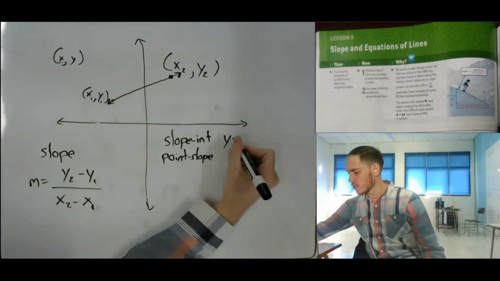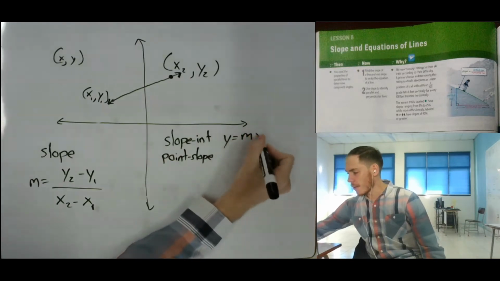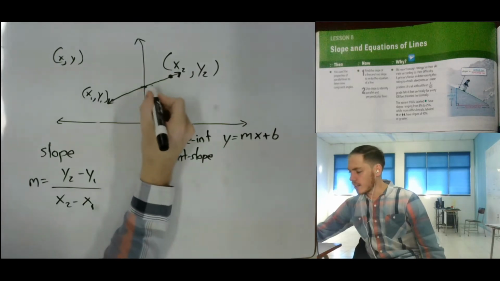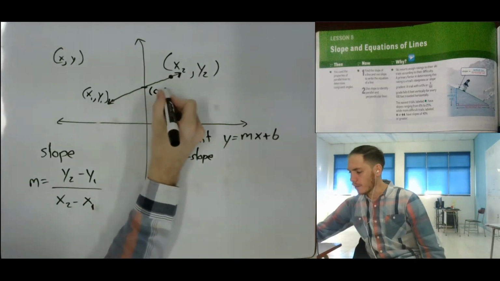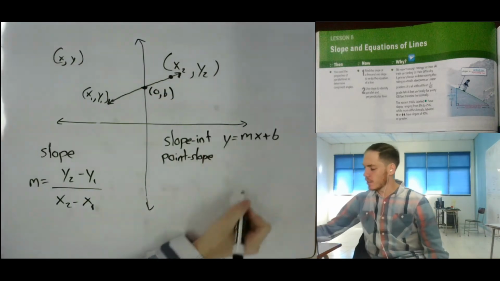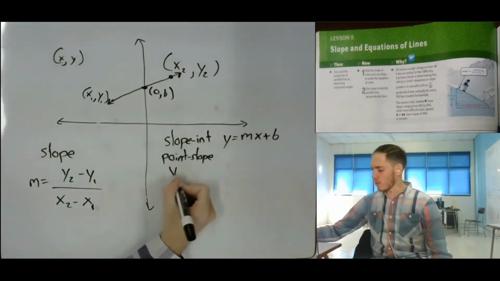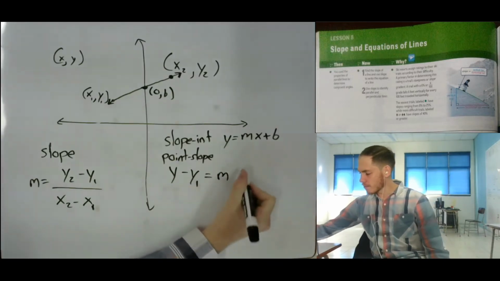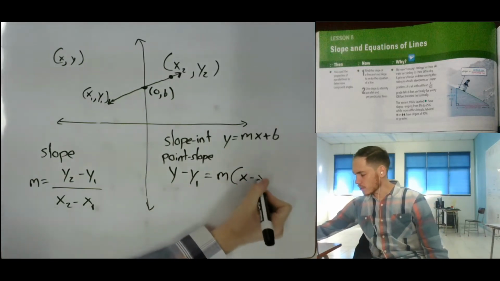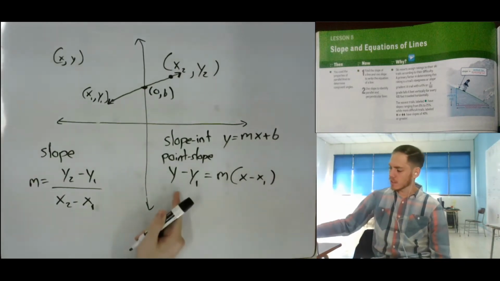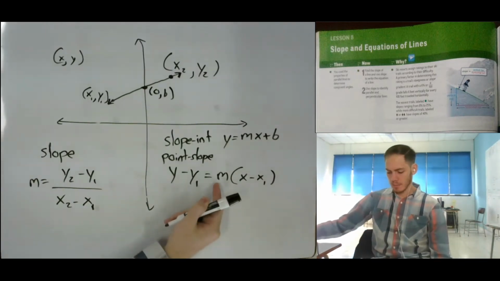So slope-intercept is y equals mx plus b, where b is the point (0, b), the y-intercept. Now point slope is written y minus y1 equals m times (x minus x1). The thing here is you plug in a point, you plug in the slope.